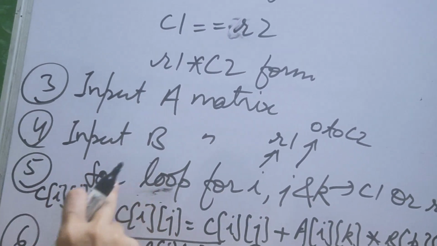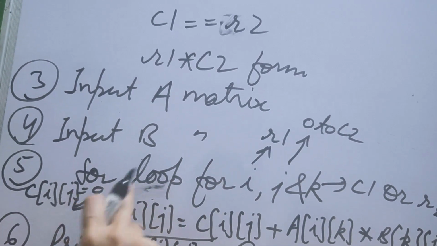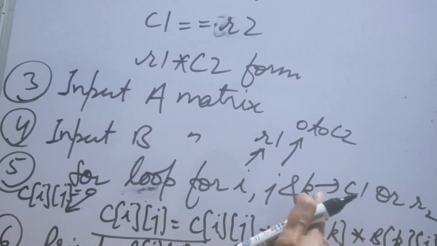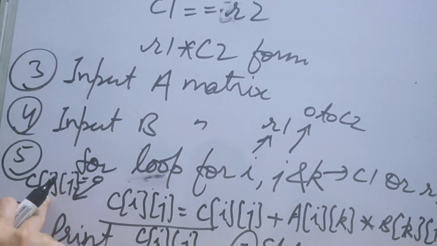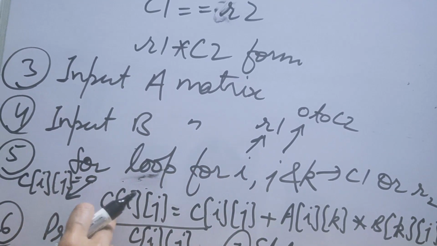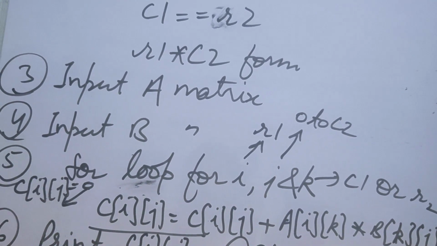Then for loop for I from 0 to R1, then J loop 0 to C2, and then K loop up to C1 or maybe R2. We will not forget to initialize Cij equals 0 after the I and J loop. Then Cij equals this one and then print Cij and then stop. Thank you.